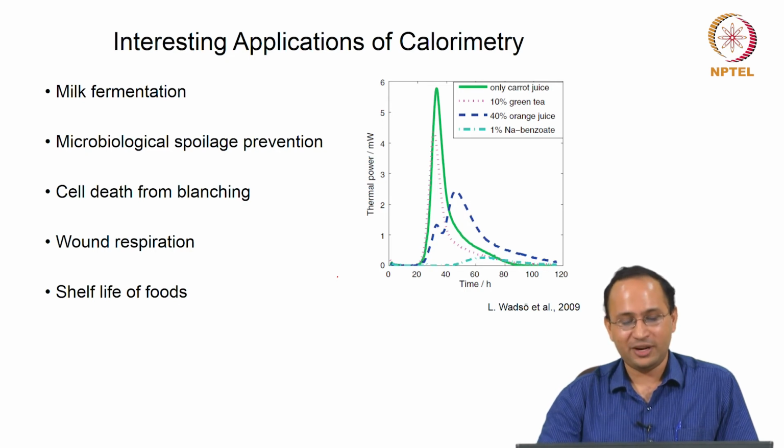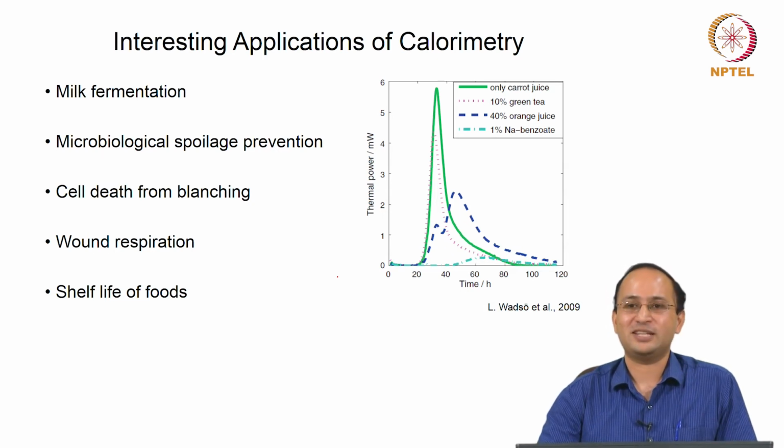So, calorimetry can be used to study the effect of the wounded area. One can use this to investigate wound induced processes and how the rates of these can be reduced, like to prolong shelf life and decrease loss of flavor. These are some of the things.